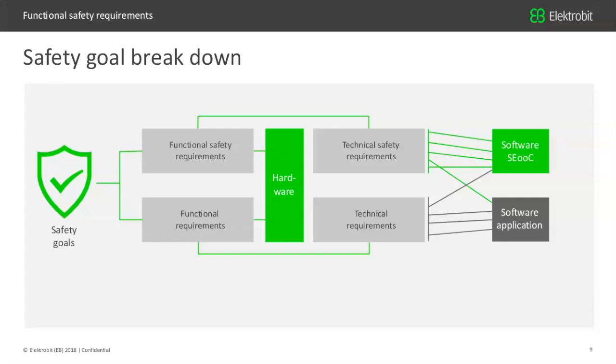And on this level, you can already map them to a software design, software architecture, and here the term of software safety element out of context comes into play. So you can buy an off-the-shelf product where you can map your functional safety requirements and have them fulfilled with an off-the-shelf product.